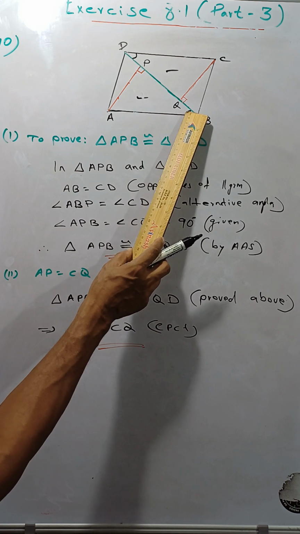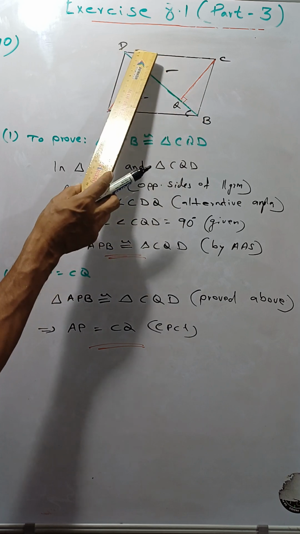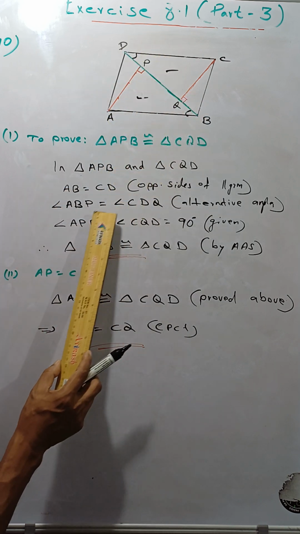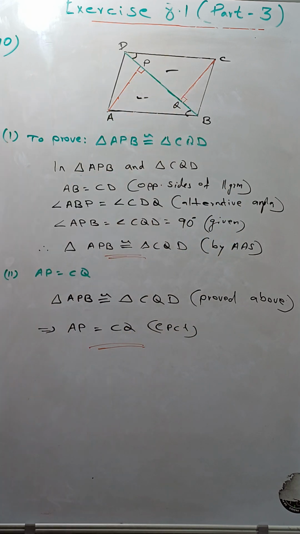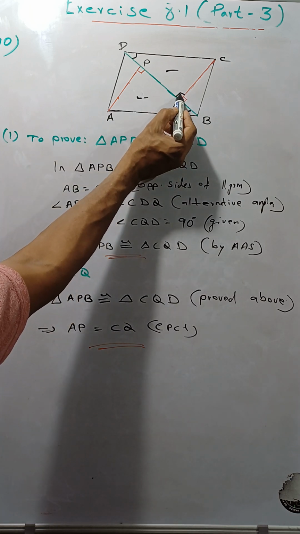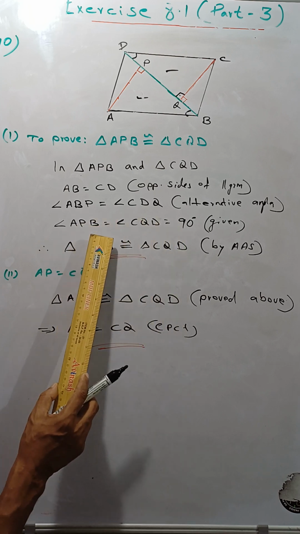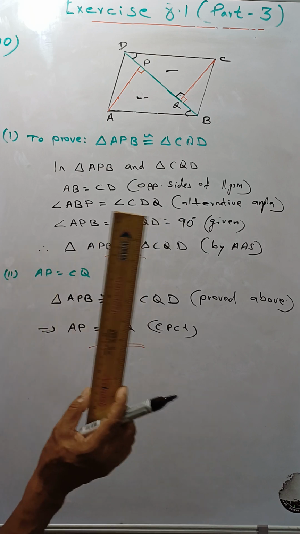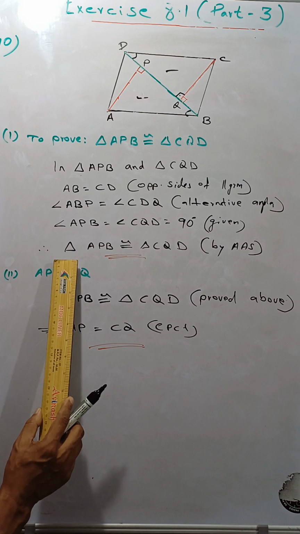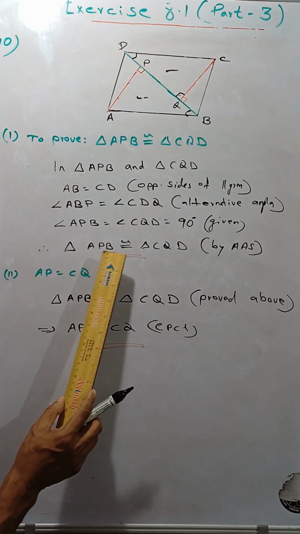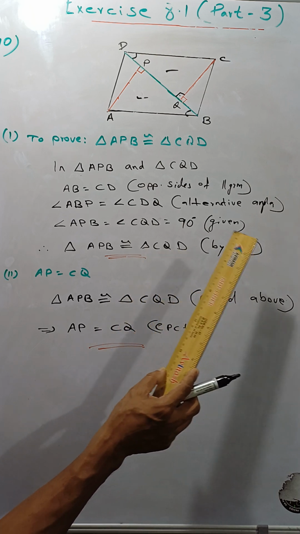We know that these two are parallel lines and this is a transversal, so these two angles are alternate angles. Then in this triangle this angle, and in this triangle this angle, are also equal because both are given as 90 degrees. It is a perpendicular from the opposite vertices. Therefore, we can say these two triangles are congruent. Triangle APB is congruent to triangle CQD by the AAS rule of congruence of triangles.